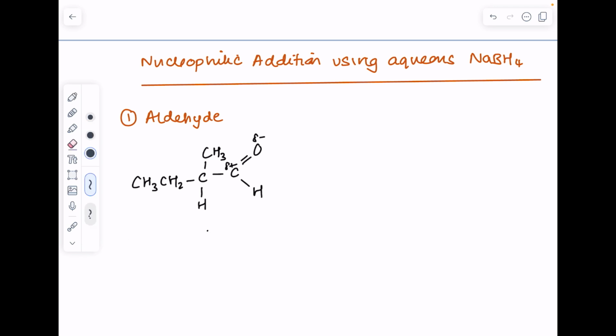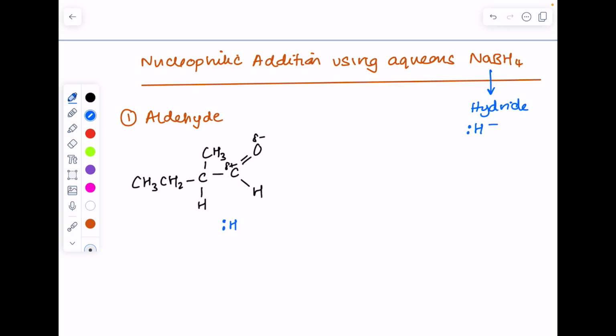I'm going to rub that out so we can see what's going to happen in terms of the transfer of electrons. Now, you do need to be aware that the NaBH4 is super unusual, that it produces a hydride ion, H- ion, which has a lone pair of electrons in solution, which is acting as your nucleophile.